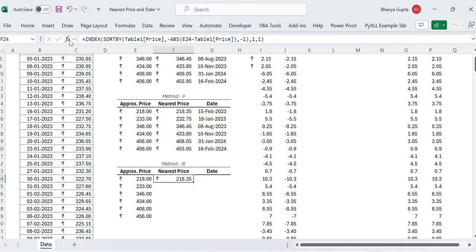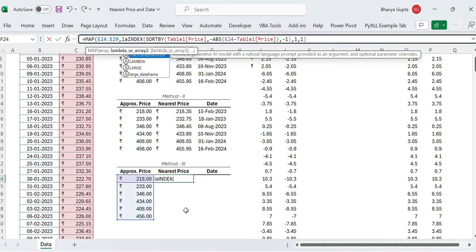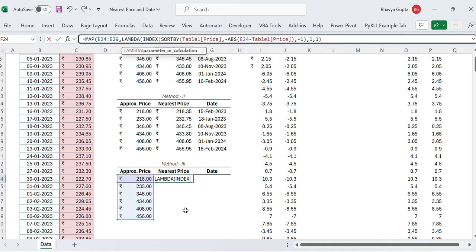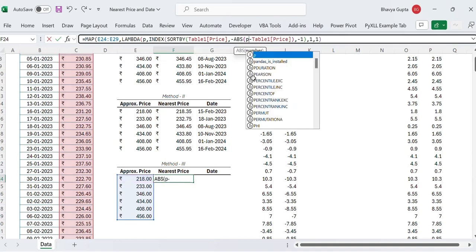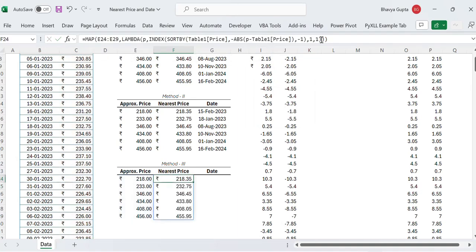Press enter. We have this result. Now we have to do that for all of the values here, so we can use the MAP function. Map the values in this array, comma, lambda, and let's say we denote each of the prices by P, and replace this E24 reference by P. Close the brackets, press enter, and we have this result.